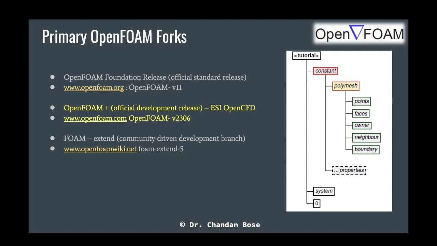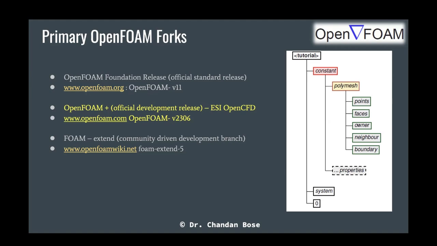Which means that if you want to use any inbuilt function to post-process your solution, such as calculating forces or force coefficients, average pressure or any average quantities, or wall shear stress, on the go while your simulation is running, you have to use function objects, and all those function objects also have to be defined.